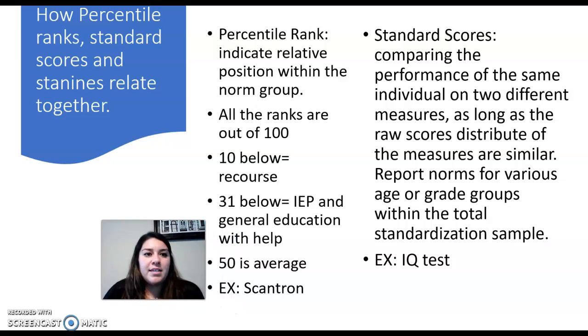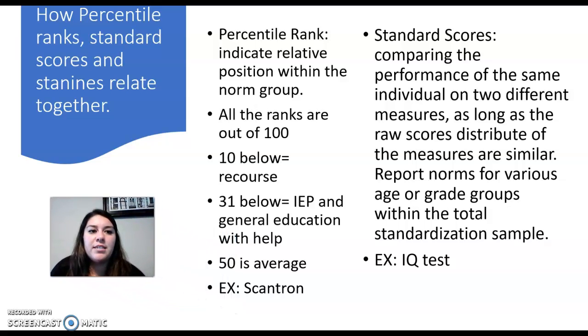And then on my last slide, how percentile rank, standard scores, and stanines relate together. The percentile rank is where the student falls out of 100. So if that student is ranked at 10 out of 100, that means he or she is better than 10 students, but not any better than 11 to 100.